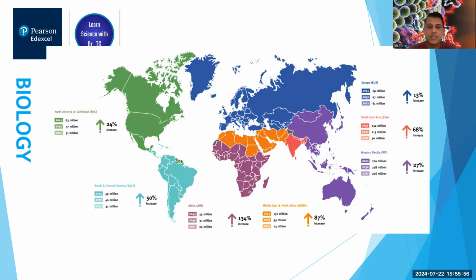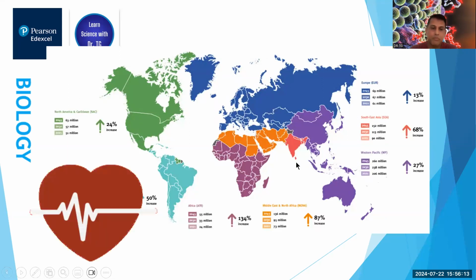So diabetes can increase cardiovascular disease. People who have type 2 diabetes are at risk of getting cardiovascular disease. So the risk for cardiovascular disease is high when a person has diabetes mellitus.